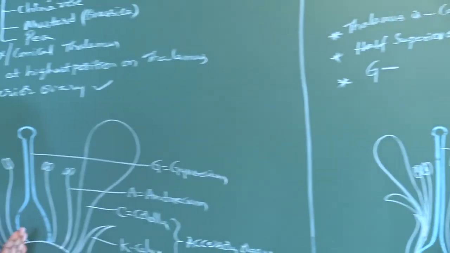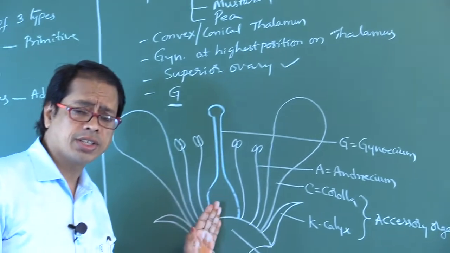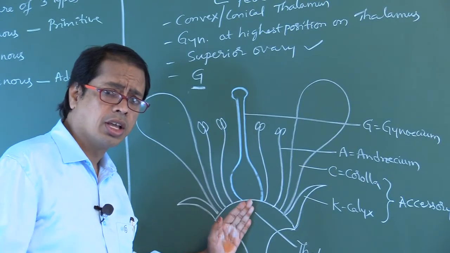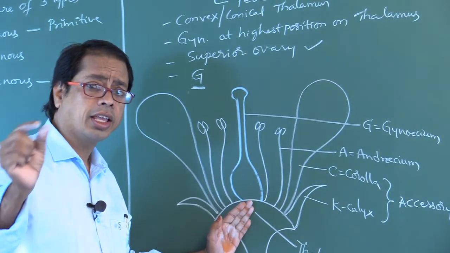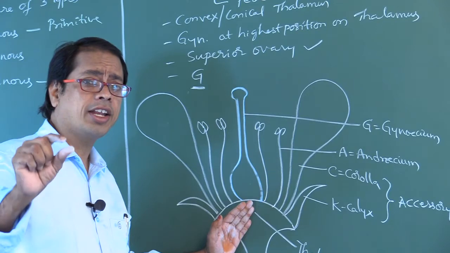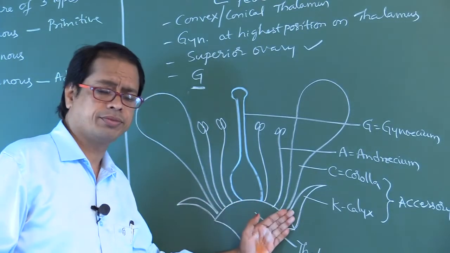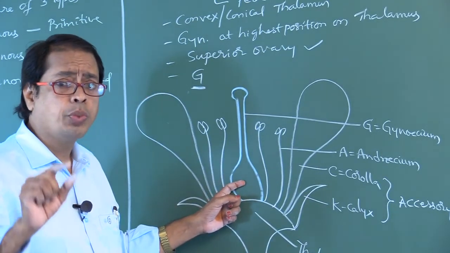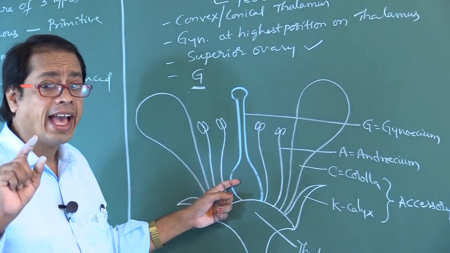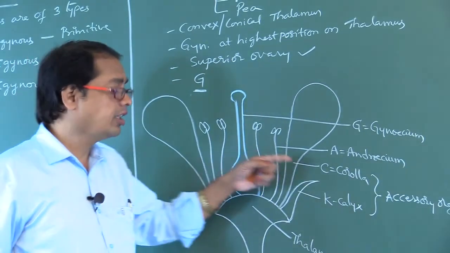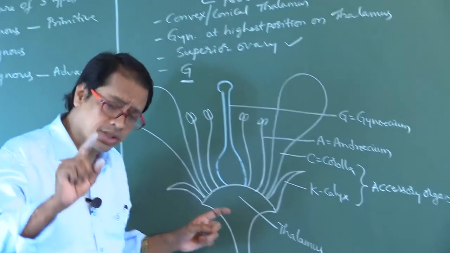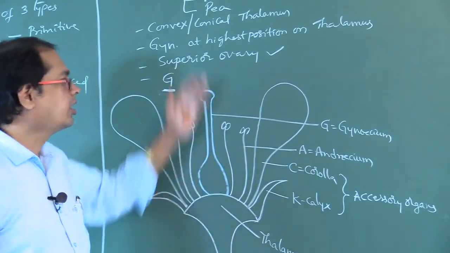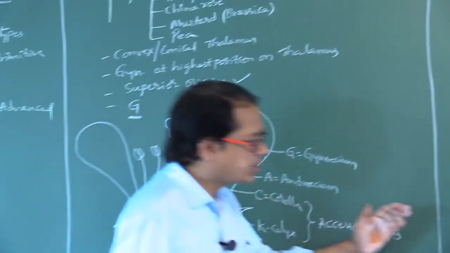In hypogynous flowers, gynoecium is at highest position on thalamus, and remaining floral parts like calyx, corolla, and androecium are present below the ovary. So that means the ovary becomes superior. So superior ovary is present, and accessory organs are inferior in hypogynous flowers.